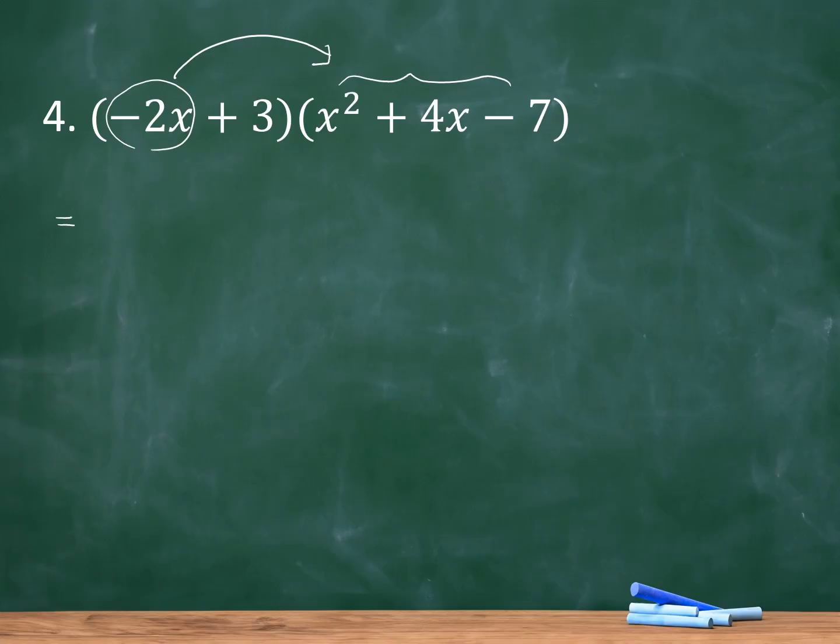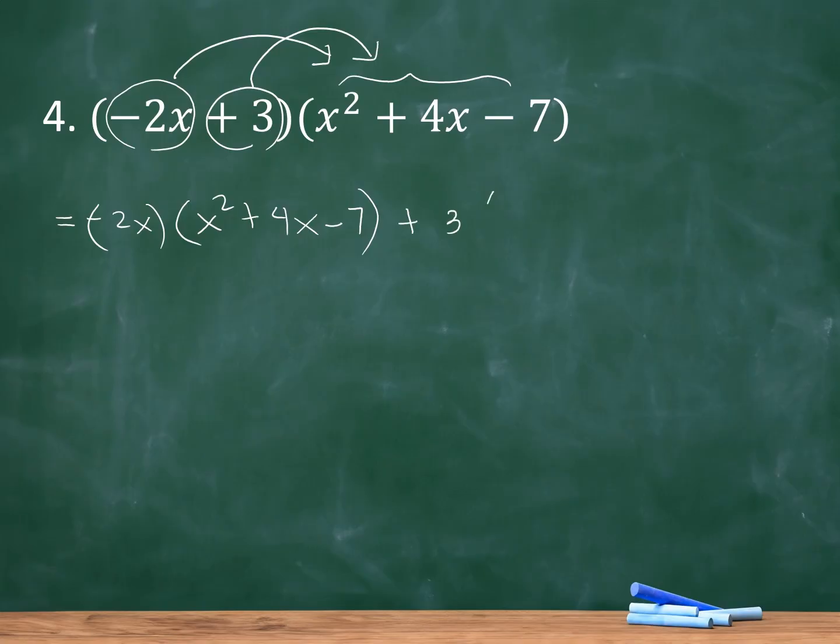So let's write here negative 2x times x squared plus 4x minus 7, and then positive 3 will be multiplied to the trinomial. So positive 3 times x squared plus 4x minus 7.